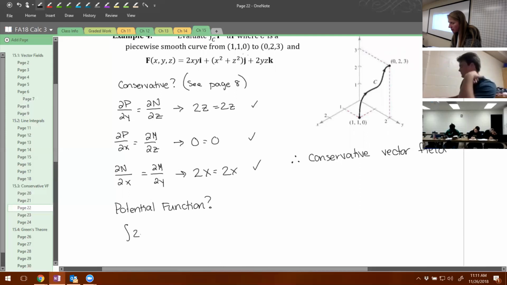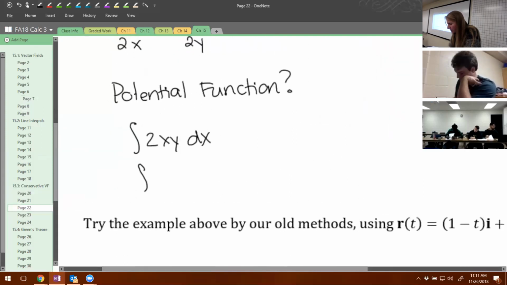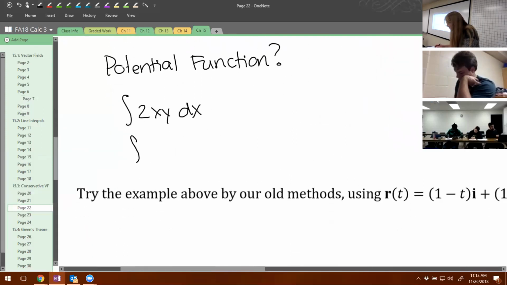So the antiderivative of 2xy dx, the antiderivative of x squared plus z squared with respect to y, and the antiderivative of 2yz with respect to z.